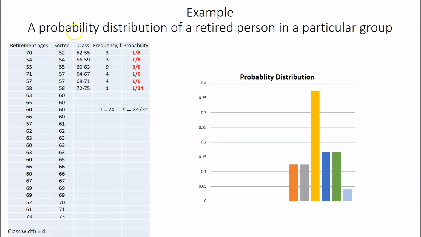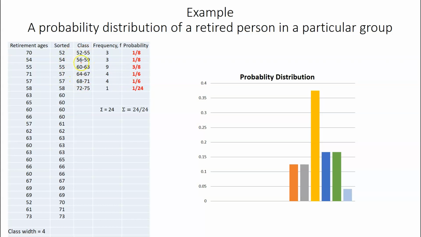Here's a probability distribution of retired persons. Here, in no particular order. Here, they're sorted and I've got them in classes. One of the differences is that this doesn't necessarily have to be a histogram. We can use bar charts for some of this, and bar charts are perfectly appropriate for some of our probability distributions.